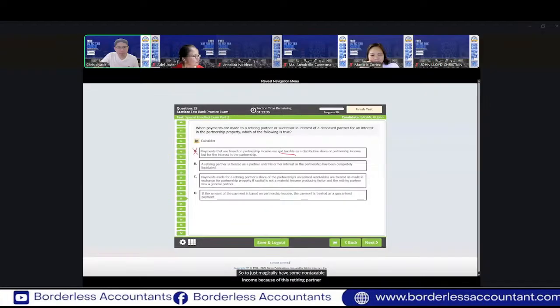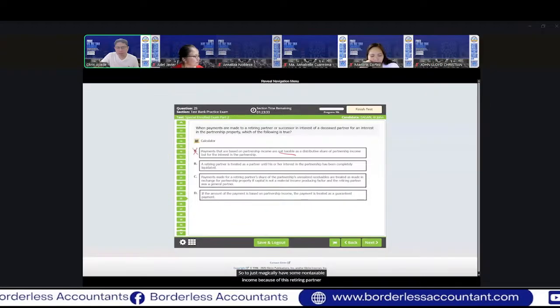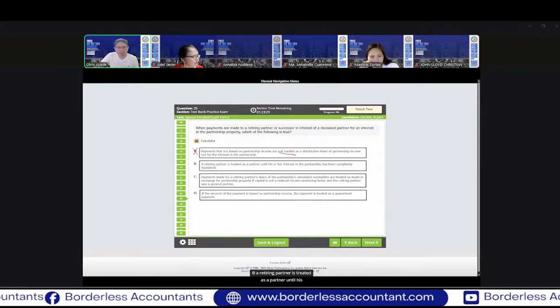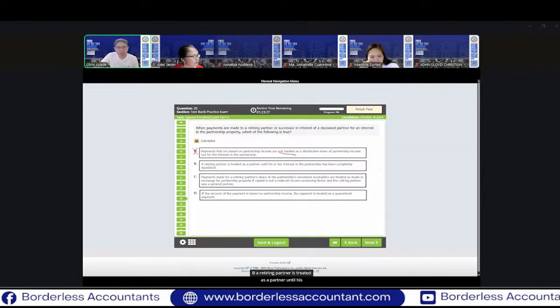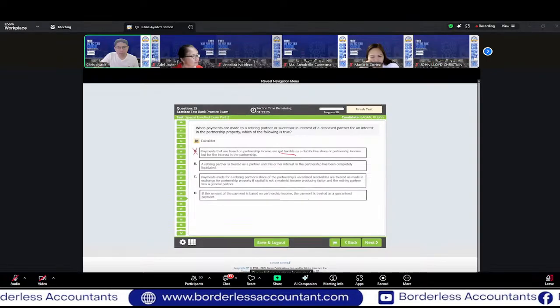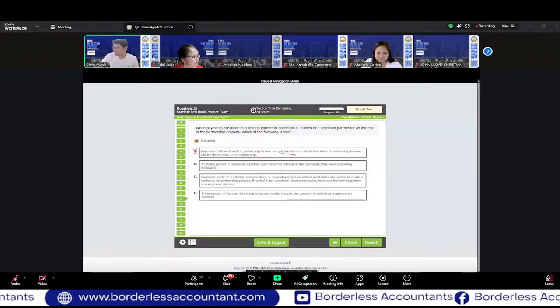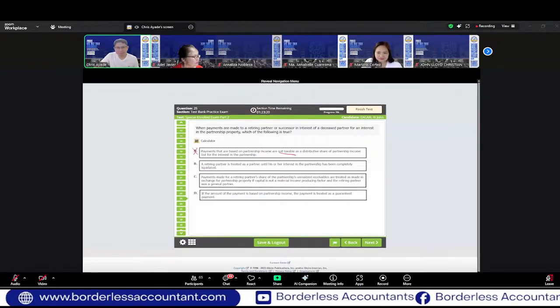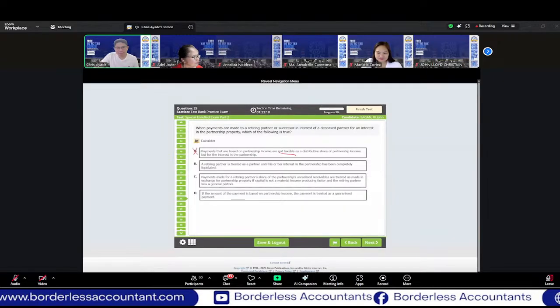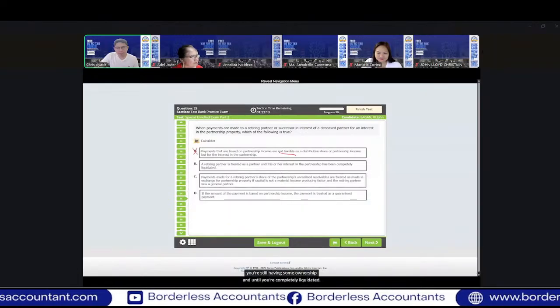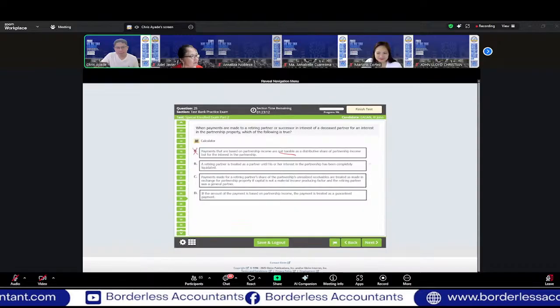So to just magically have some non-taxable income because of this retiring partner or deceased partner situation doesn't make a ton of sense. B, a retiring partner is treated as a partner until his or her interest in the partnership has been completely liquidated. You're still a partner. And if you're still having some ownership and until you're completely liquidated, B sounds pretty good. So I'm going to put a star there.